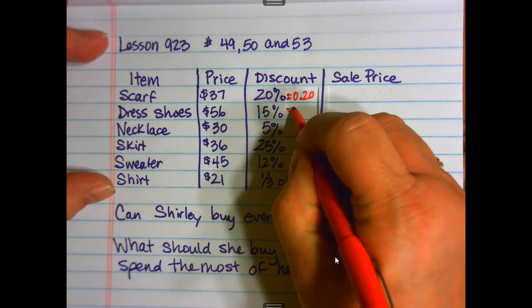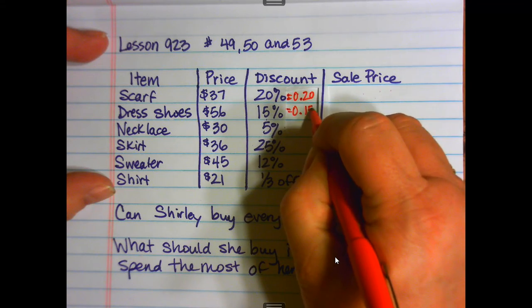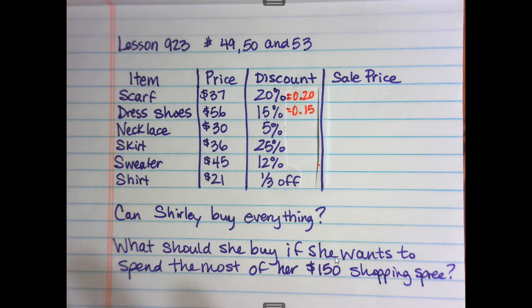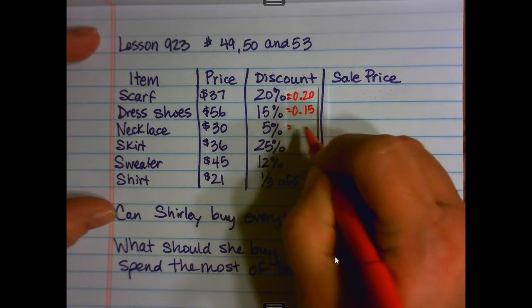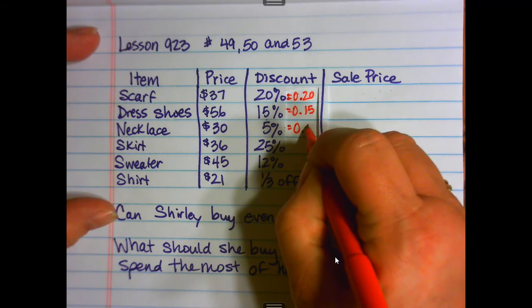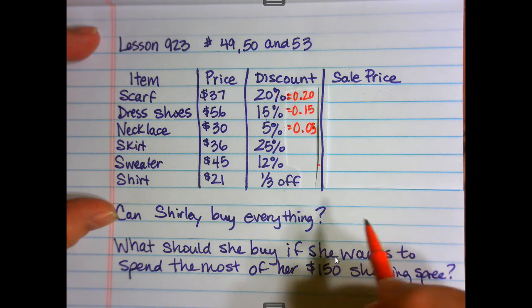15% becomes 15/100. And the mathematic way to do that is by dividing the percent by 100, because percent is out of 100. And when I move on down to this one, it becomes 5/100.